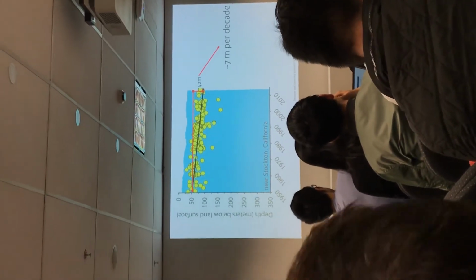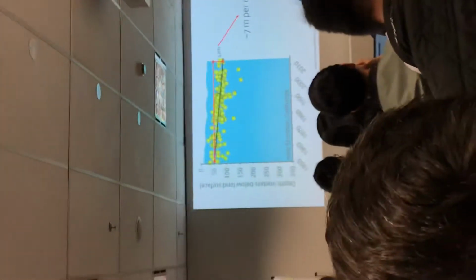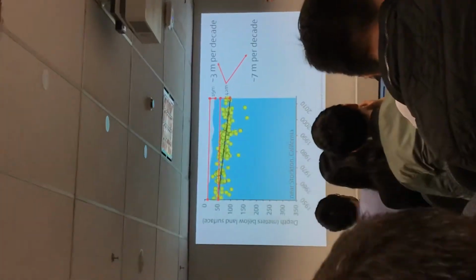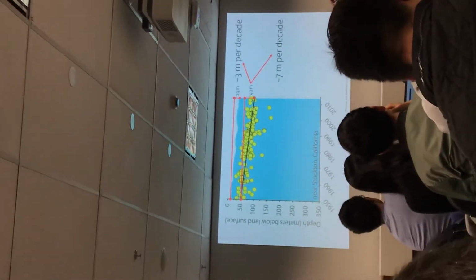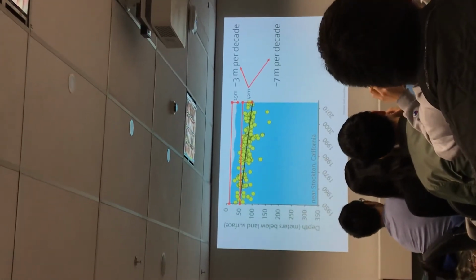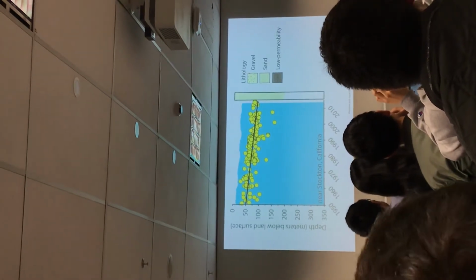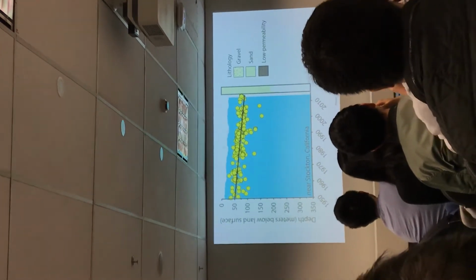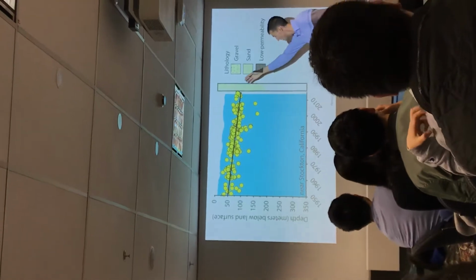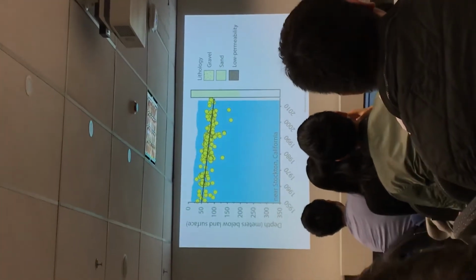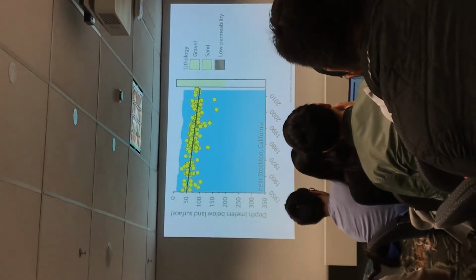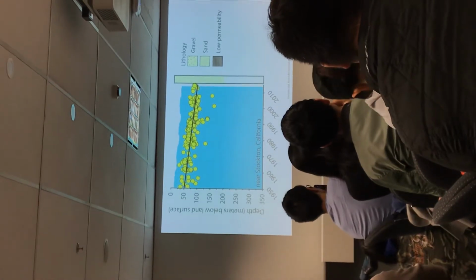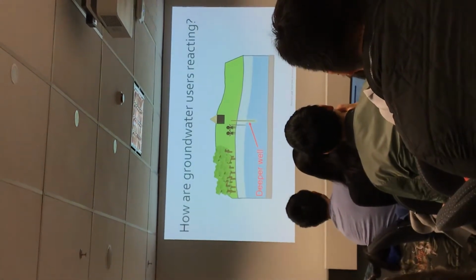I don't know the social science behind this, but the empirical conclusion is pretty strong: we're drilling deeper about twice as fast as the water levels are declining in the California Central Valley. And we can do this in some aquifers, particularly those that have nice, thick alluvial sediments that are permeable and extend to great depths. That's not necessarily the case everywhere.